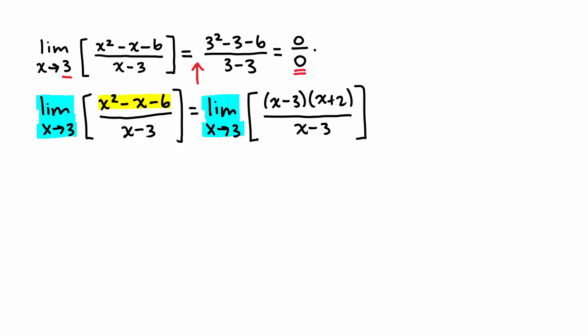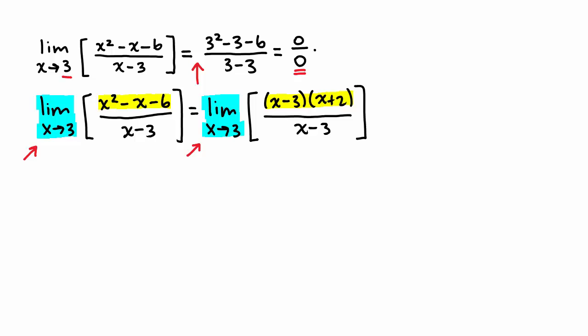In fact, I'm not going to drop the limit symbol until I have plugged in the limiting value. And from this step here to this step here, I have not plugged in the limiting value of 3, so I'm not going to drop the limit symbol. It's just going to hang out there on the outside. I have only changed the way that the inside of the limit looks by factoring the numerator.